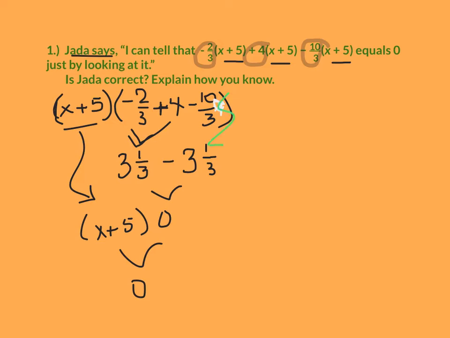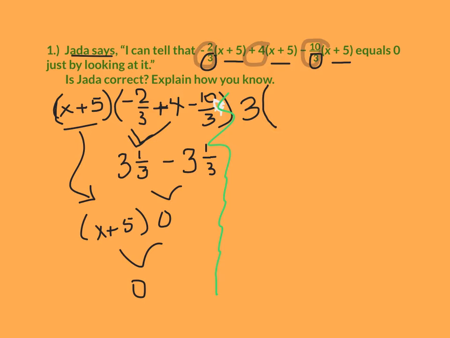The other way that we can look at this, and again, both just as effective, is to consider the fact that we could multiply this entire expression by 3 to make those thirds go away, so that I don't have any fractions to deal with.